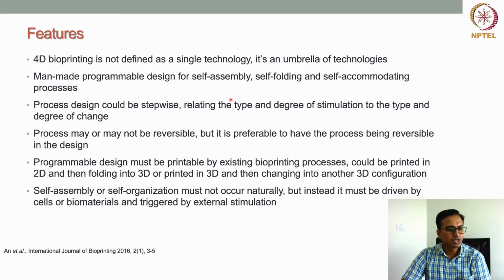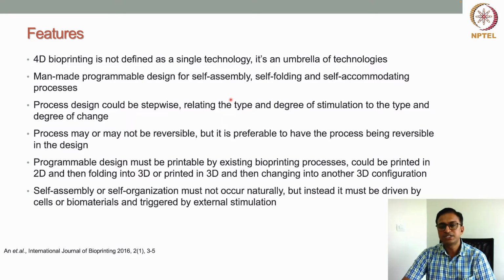Most of the time we call them smart biomaterials because they are sensitive or responsive towards certain stimulus. So that's why they can be very well used for the bioprinting process. The process may or may not be reversible, but it is always preferred to have a reversible process, because then we can have better control of the process, and we can use that for our certain application.